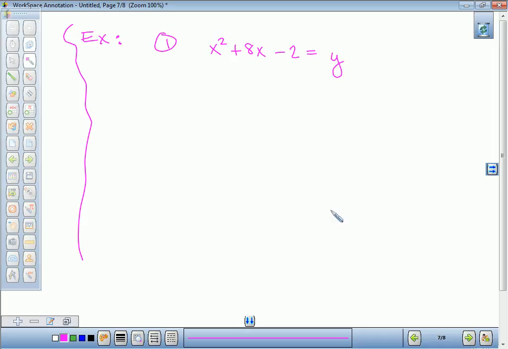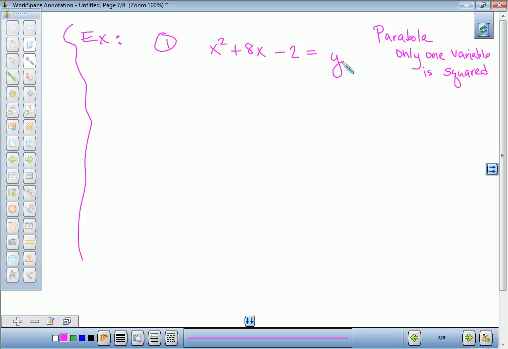Okay, this is a parabola, and you always know you're dealing with a parabola if you have both the x and y, but only one variable is squared. Okay, and in this case, it's the x being squared.